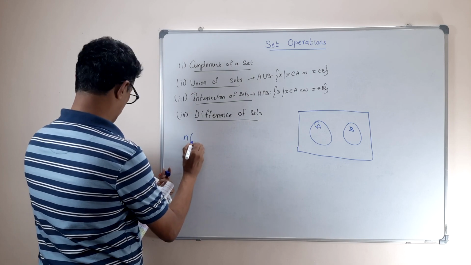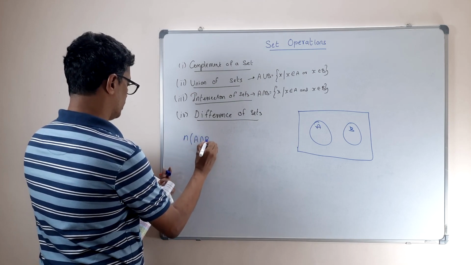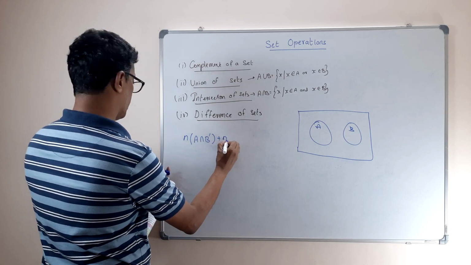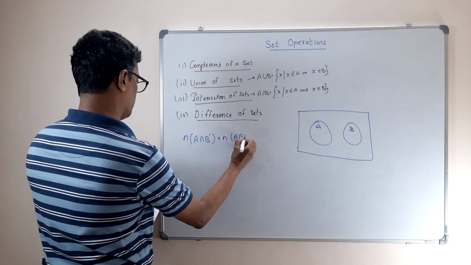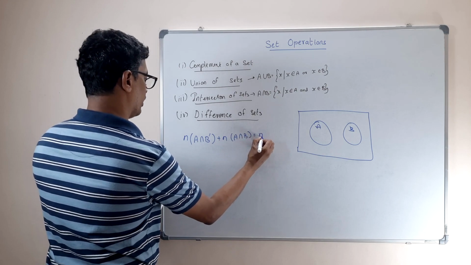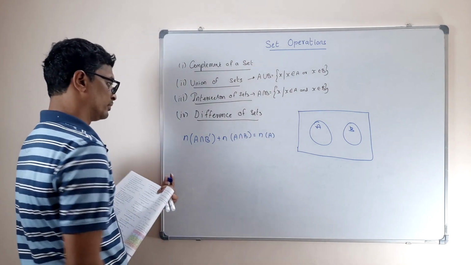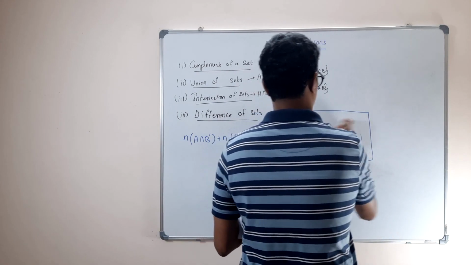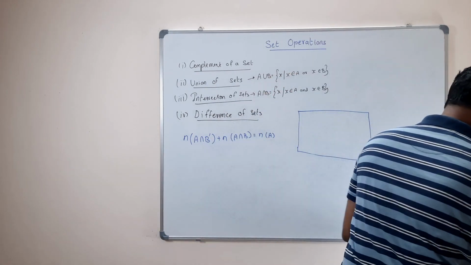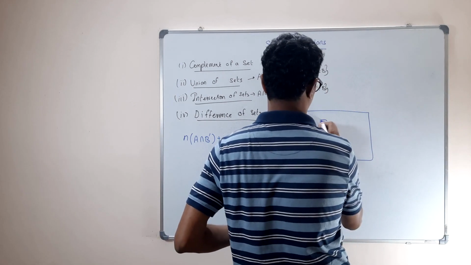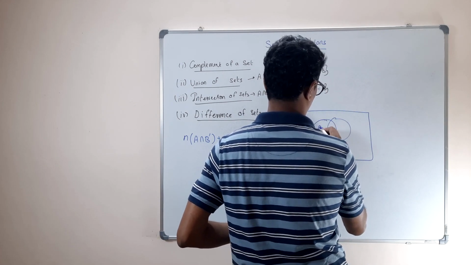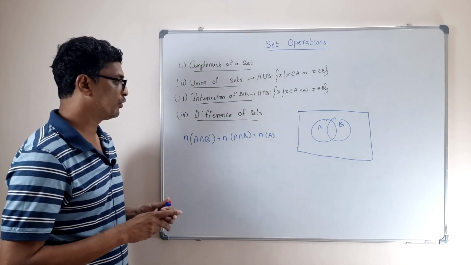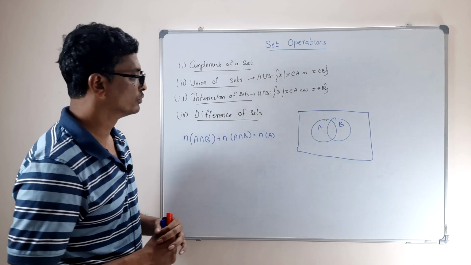N of A intersection B complement plus N of A intersection B should be equal to N of A. Is that correct? Now we are not going to speak about disjoint sets; we are saying normal sets. A intersection B complement is what?